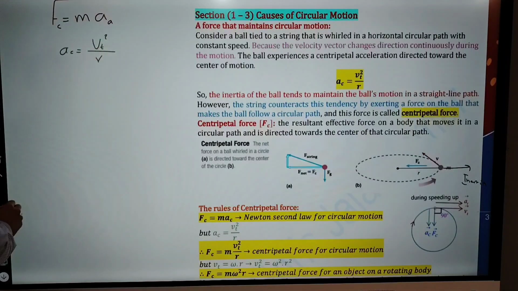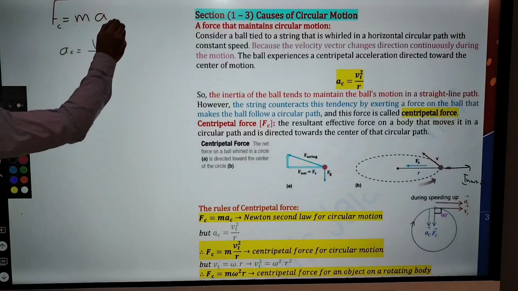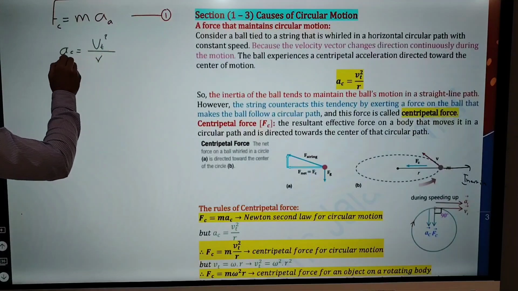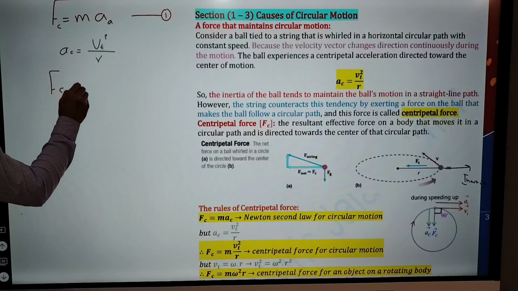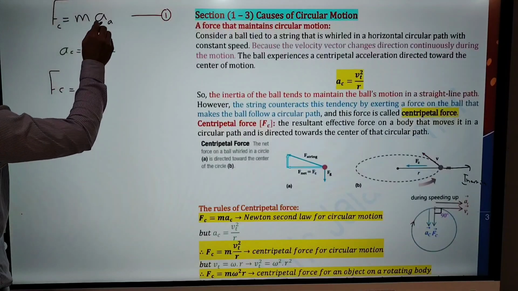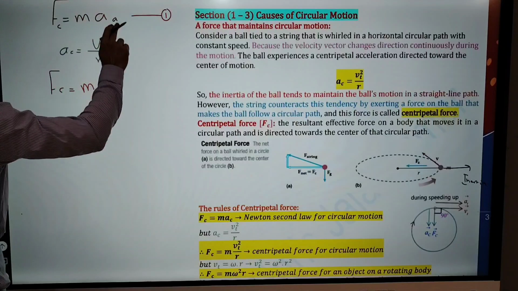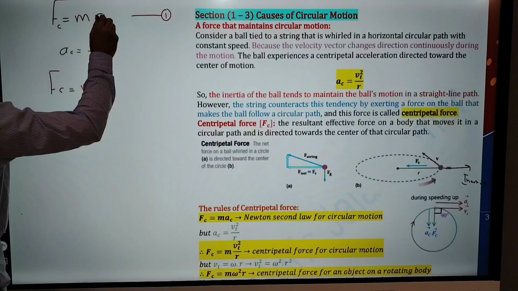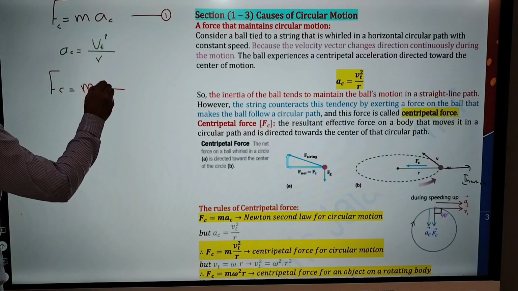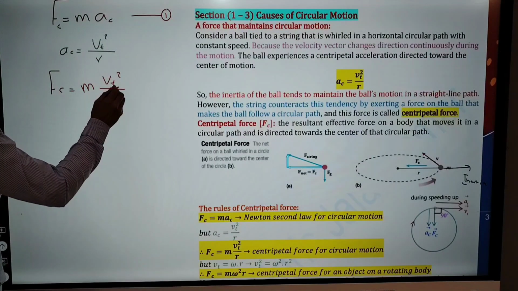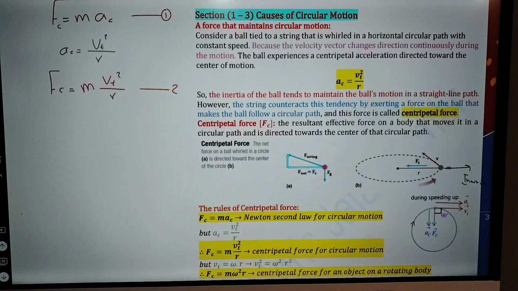Vt squared over r. So this is equation number 1. Substitute ac in equation number 1. It becomes Fc is equal to m, and instead of ac, write Vt squared over r. This is equation number 2.